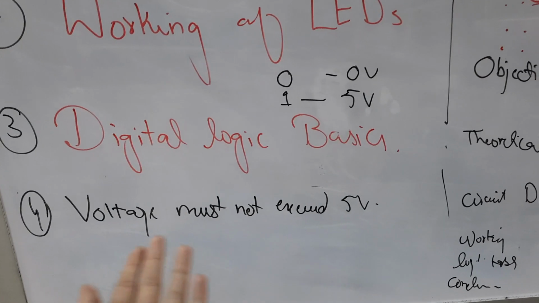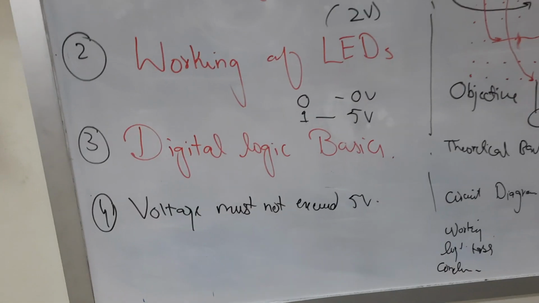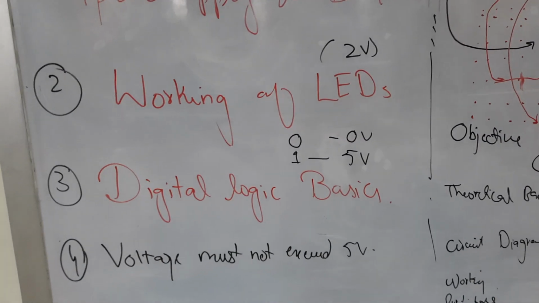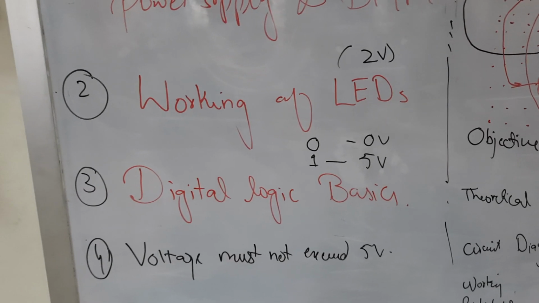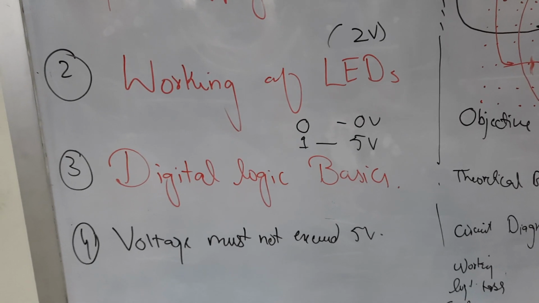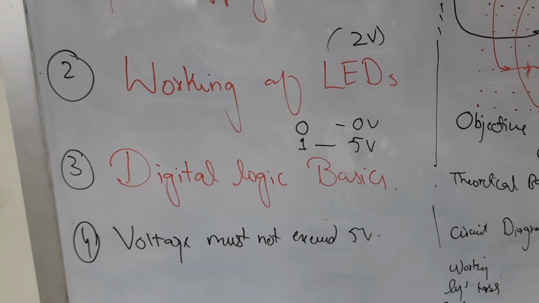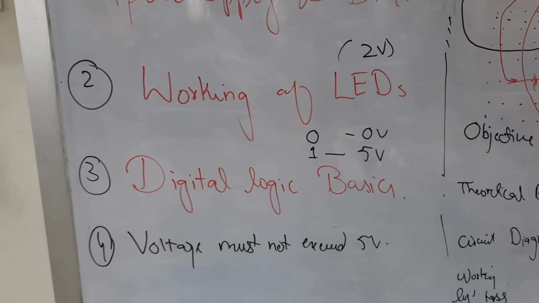Similarly, digital logic basics, you should know what is zero and what is one. In electronics, zero means 0 volts and one means, on a bigger scale, 5 volts. But it depends on which type of IC you are using. Is it working on CMOS logic or TTL logic, which we studied in the first lab?